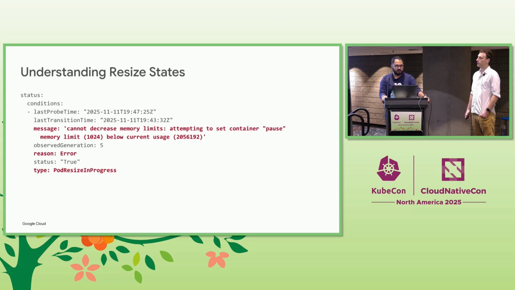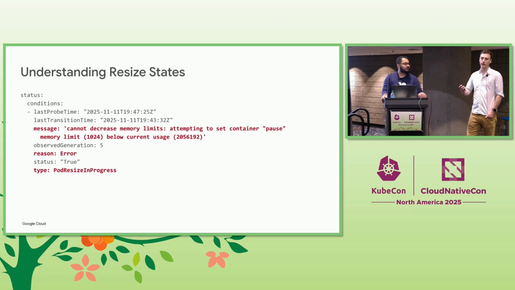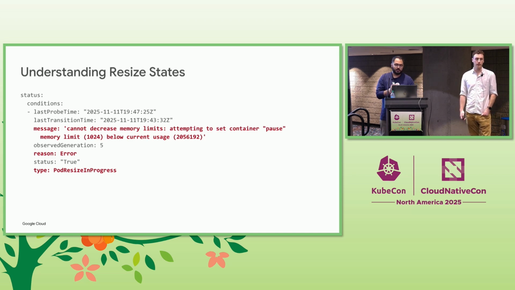And here's an example of an in-progress condition surfacing an error that the new memory limits are below the current usage. This is actually a case where the kubelet has some best effort protection to prevent an OOM kill when decreasing memory limits. So in this case, the kubelet recognizes that the new limit is below the usage, and so it will not actually apply the changes.